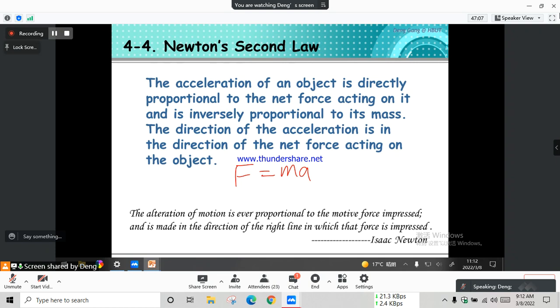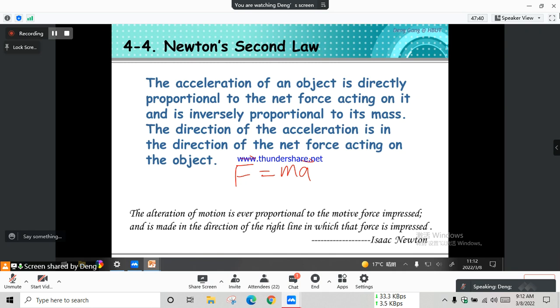If we write this equation in vector form, we can put an arrow on the force and an arrow on the acceleration. That means, since m is a constant for a specific body, they should have the same direction. But this equation actually is not the original form of Newton's second law.